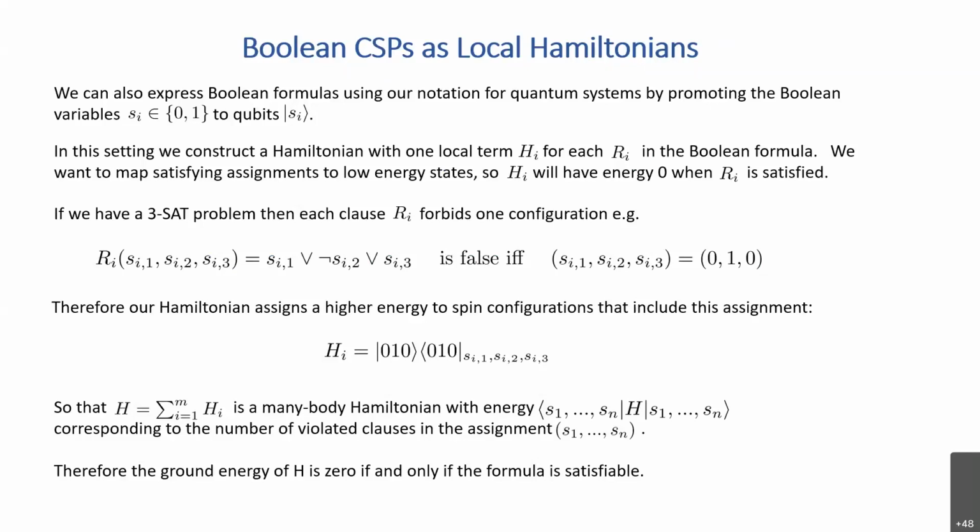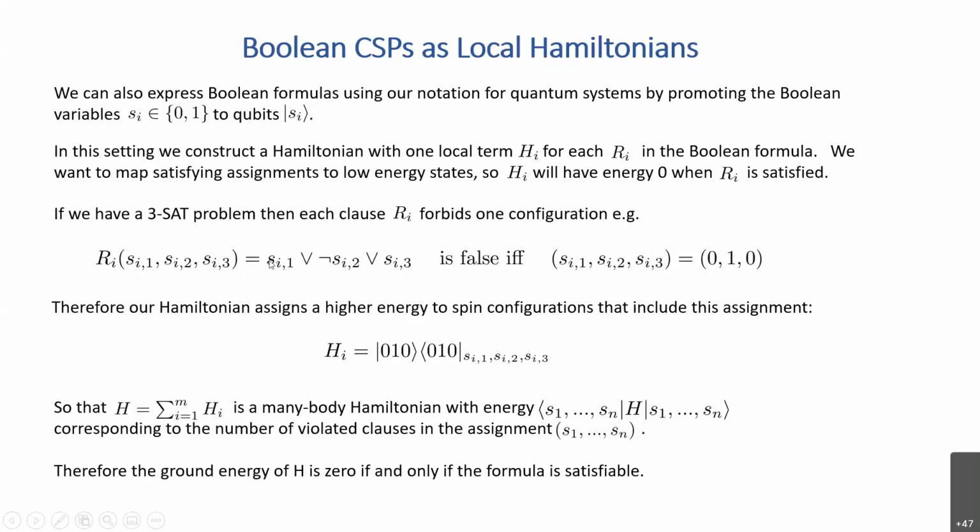And if we have a 3-SAT problem, each clause is just a sequence of ors. So what this does is it effectively forbids one configuration. This clause will be true if this is true, or this is true, or this is true.